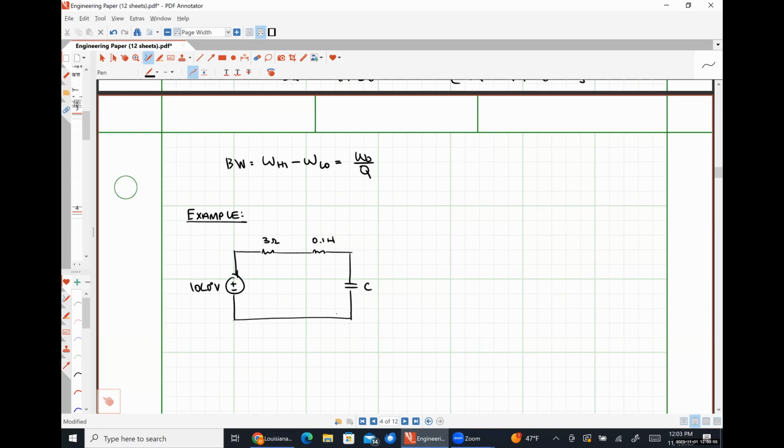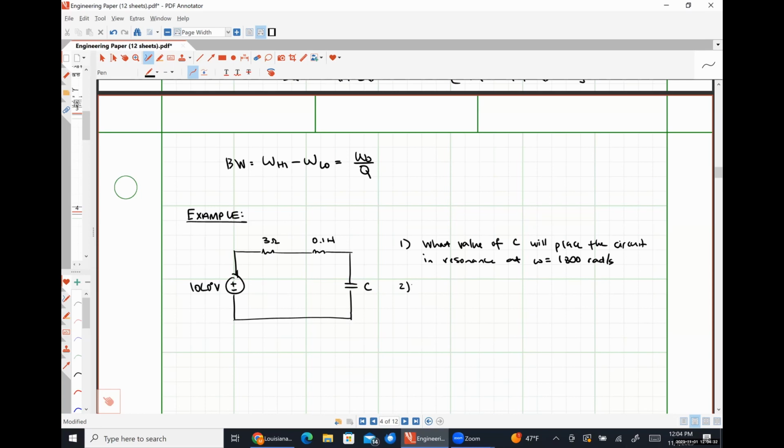And the first thing that we want to know is what value of C will place the circuit in resonance at an angular frequency of 1800 radians per second.